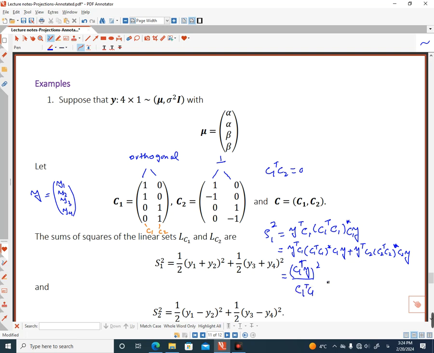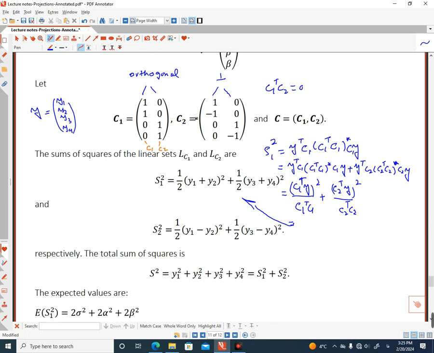These are actually small c. And if I consider C1 and C2 as these two columns and multiply with y, then I can easily get this result. It is equal to half of (y1 plus y2) power 2 plus half of (y3 plus y4) power 2.